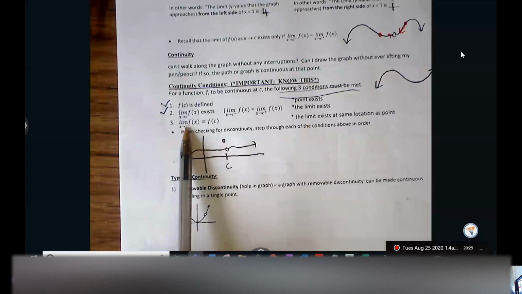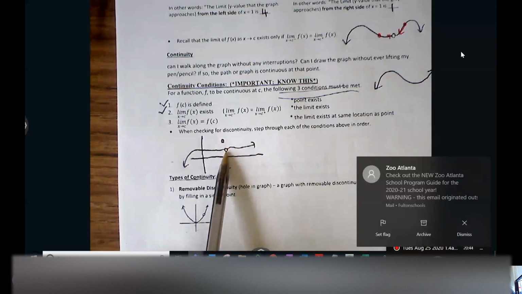But then the third condition is where we run into some trouble, right? The third condition is saying, does the limit exist where the point exists? Does the limit exist at the same location as the point? We see the limit exists at this location, but the point is defined at a different location. So obviously there's a break, right?